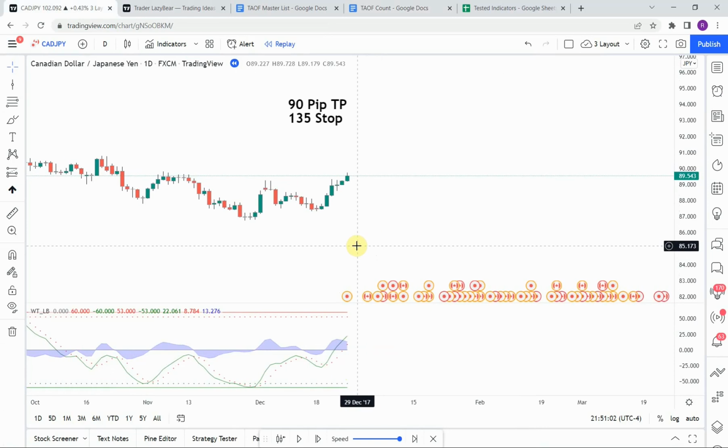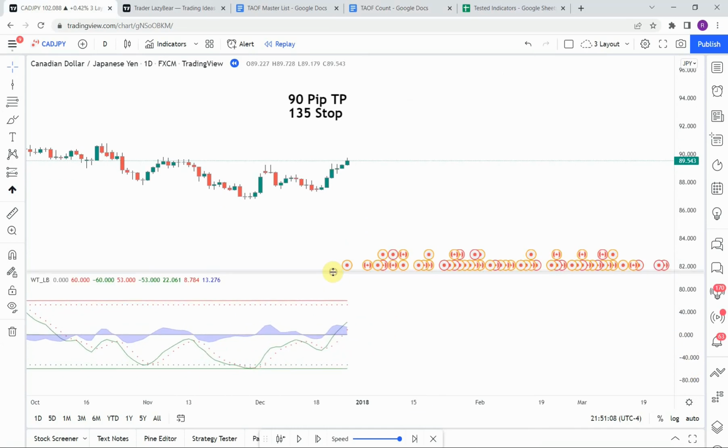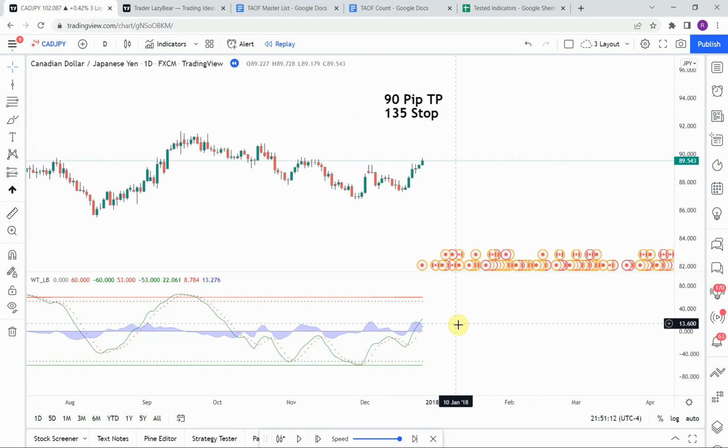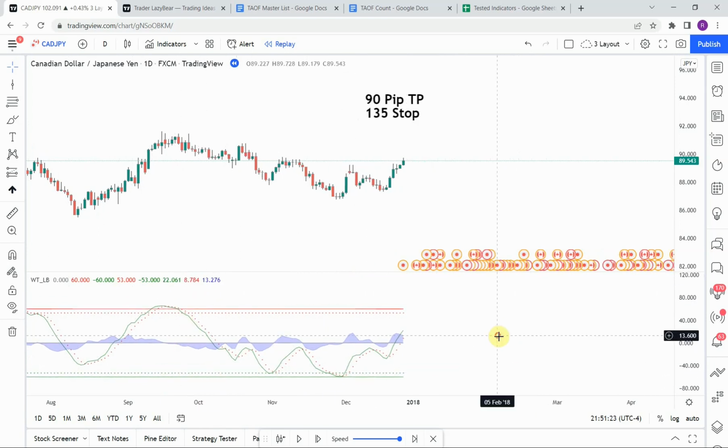Alright, so today's indicator is the wave trend oscillator, and you can see it here on the bottom of the screen. This indicator is, as the name implies, an oscillating indicator. So it has an oscillating line here, and then we have the green line down here at the bottom, red line there at the top.